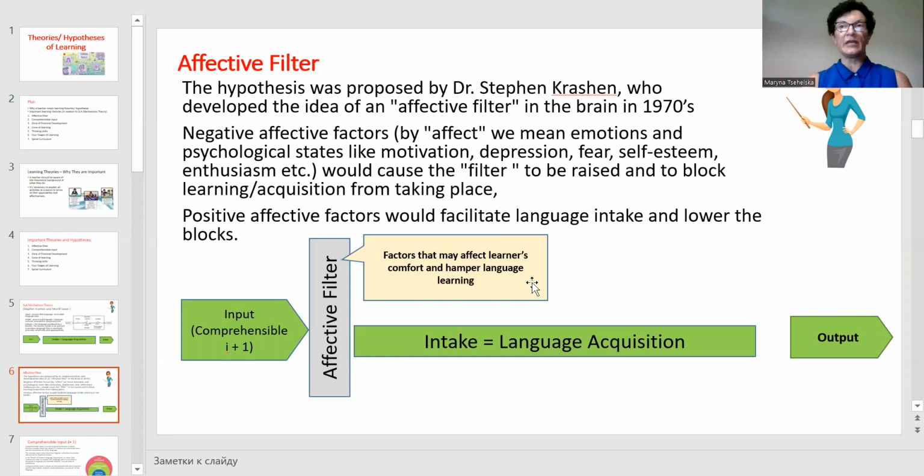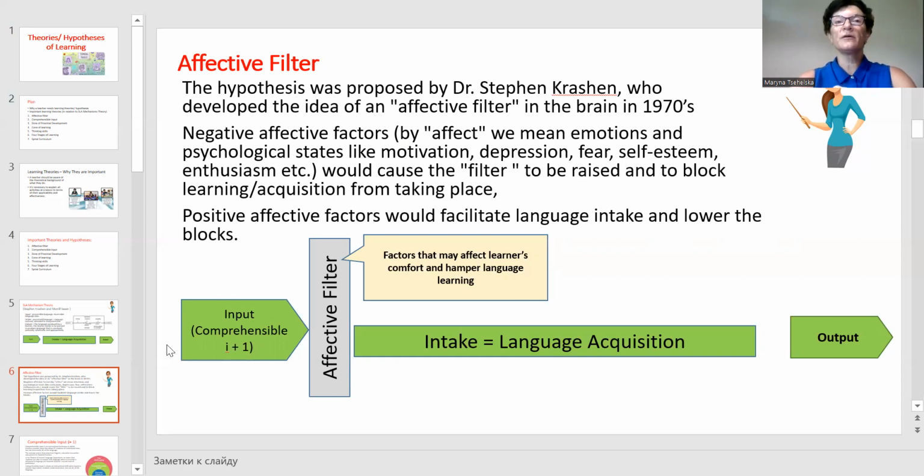There are so many causes which raise the filter and block our learners from understanding, from acquiring the material. However, positive factors such as teachers' enthusiasm, comfortable environment, good group can facilitate language intake and lower the blocks.